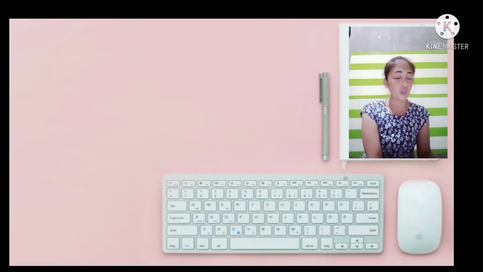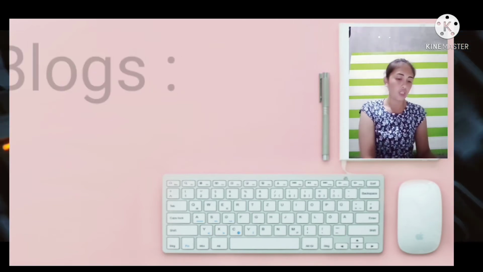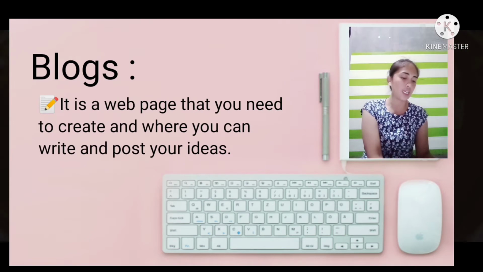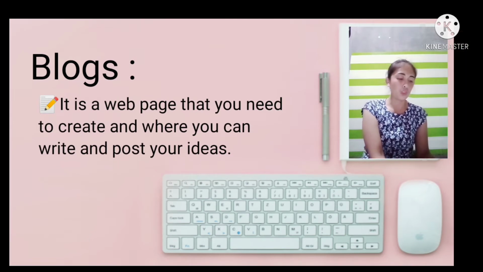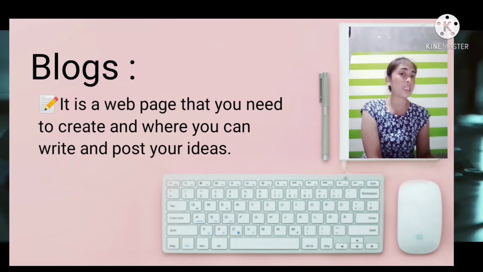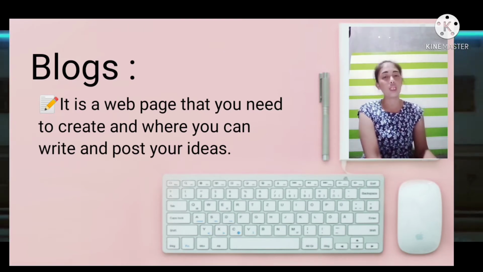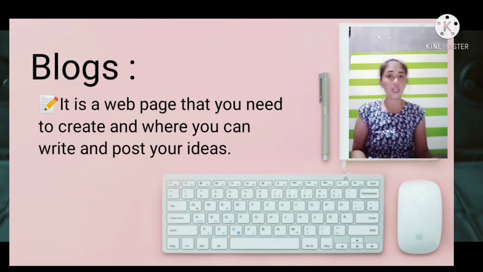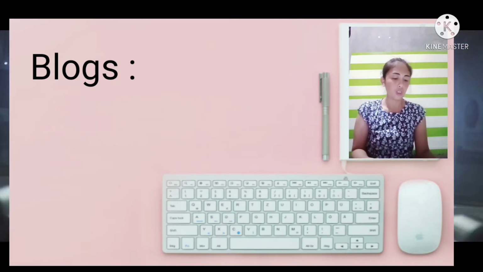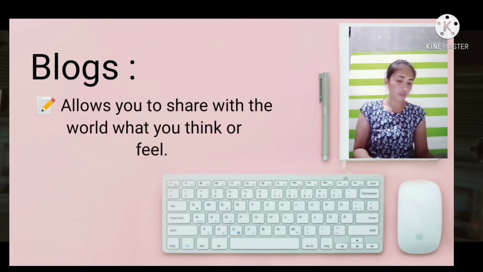Ano pa nga ba ang mga iba't ibang technology tools na pwedeng i-adapt ng mga teacher sa pagtuturo sa ating learning process? So, nandyan yung blogs. A blog is a web page that you create and where you can write and post your ideas. So, through blogs, hindi na natin kailangan yung ballpen at saka papel. Pwede na tayo makapagsulat through using our cell phone. It allows you to share with the world what you think or feel.